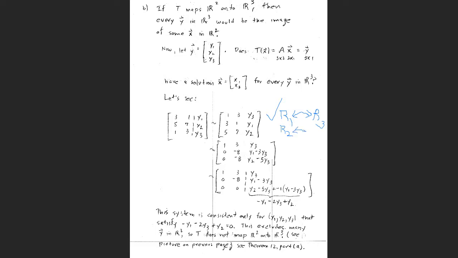This is why I normally like to do just one row operation at a time, because when you do multiple row operations in one step, it can be a little difficult to understand. But let me just see here. I think we're good.